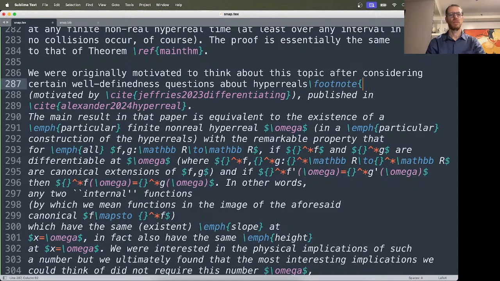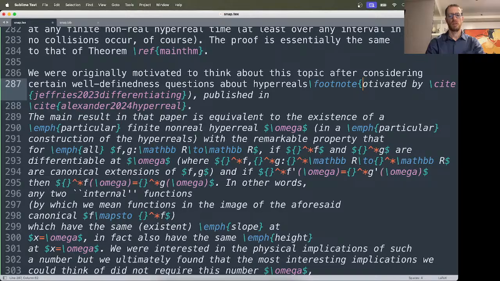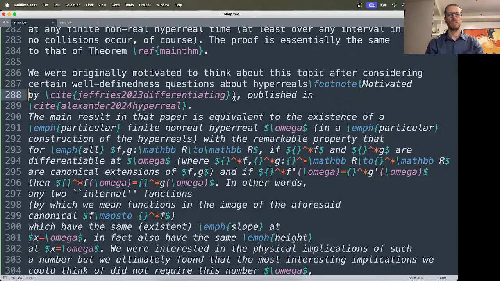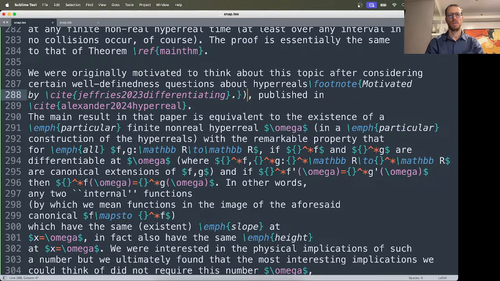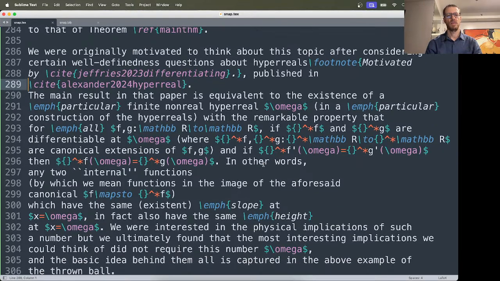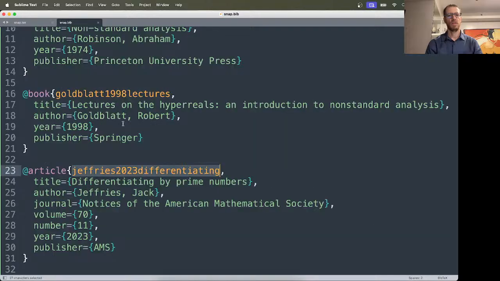Footnote: motivated by this, published in blah. Yeah. Okay.